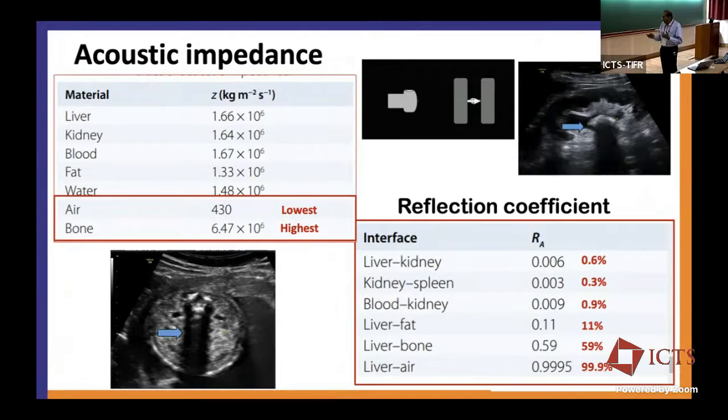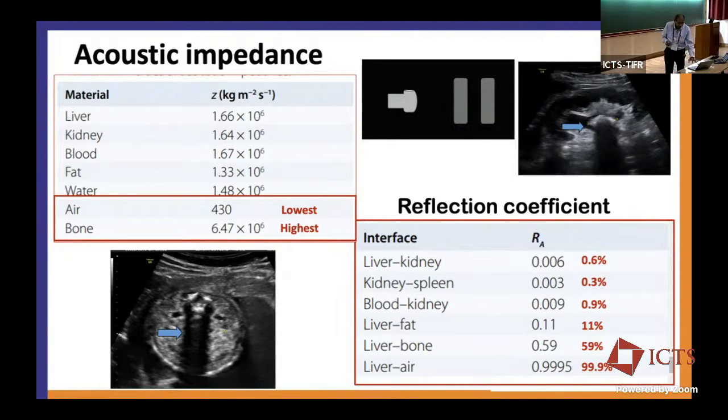So the resultant image will have several degrees of brightness. If it is completely dark, there is no reflection at all. And if it is extremely bright like this, it means total reflection has taken place. So between 0 and 100 is between black and white. We have a number of gray scales where, depending on the degree of reflection, I'm going to get images.